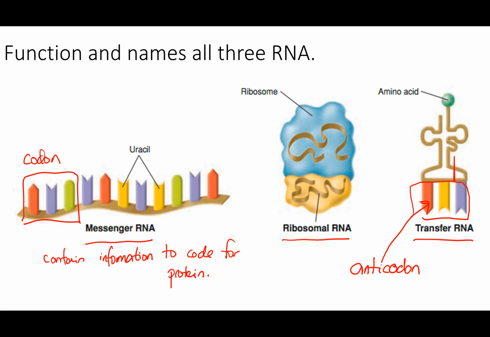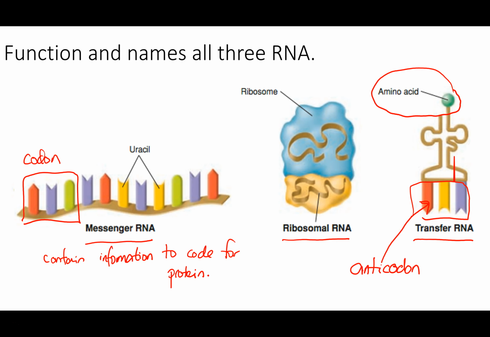So the anticodon is matched up with the codons, and each different type of codon has a complementary amino acid. If you did your extra credit, it asks how many amino acids are there for one codon or for one anticodon. The answer is 1 amino acid.